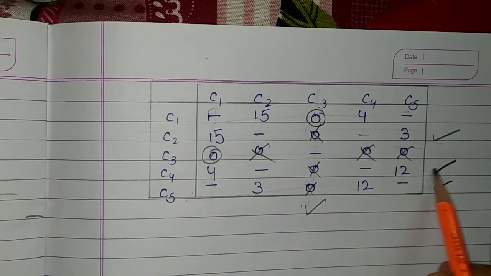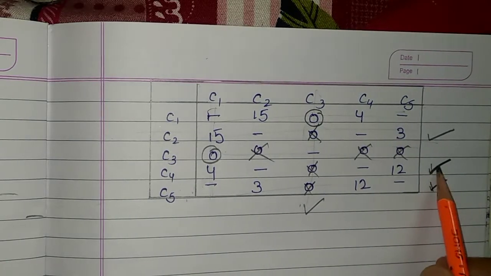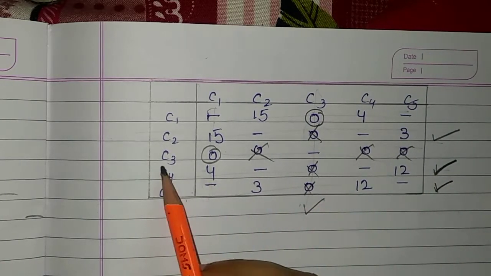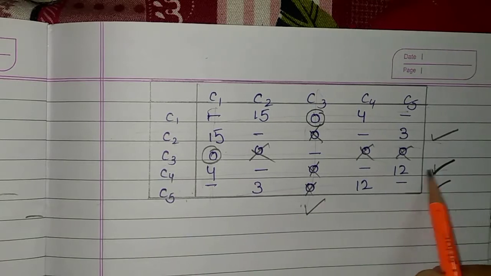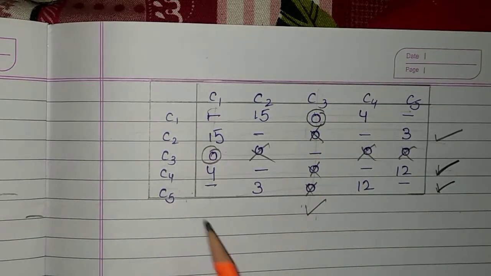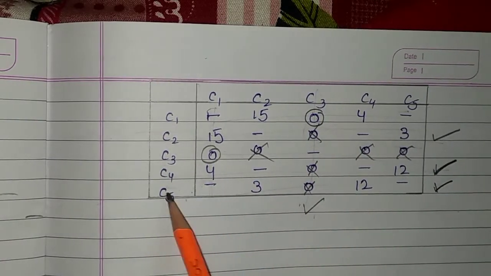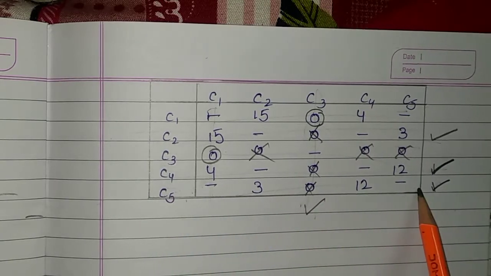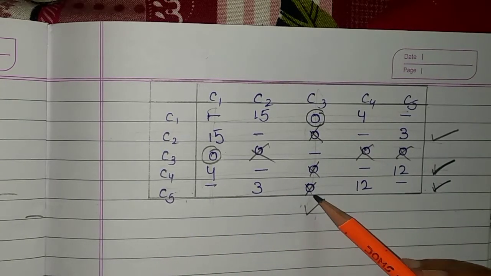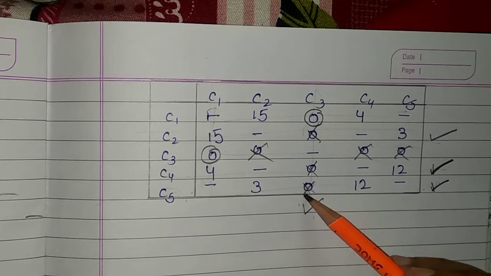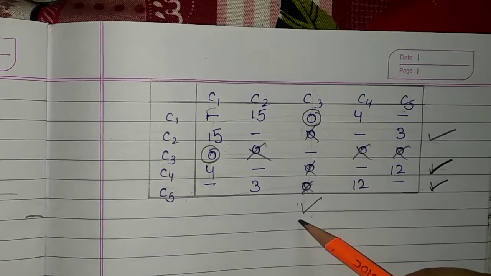In C4, this is a marked row. In this row, if any zero is cut, we mark that column. C5, this is a marked row. If any zero is cut, we mark that column.